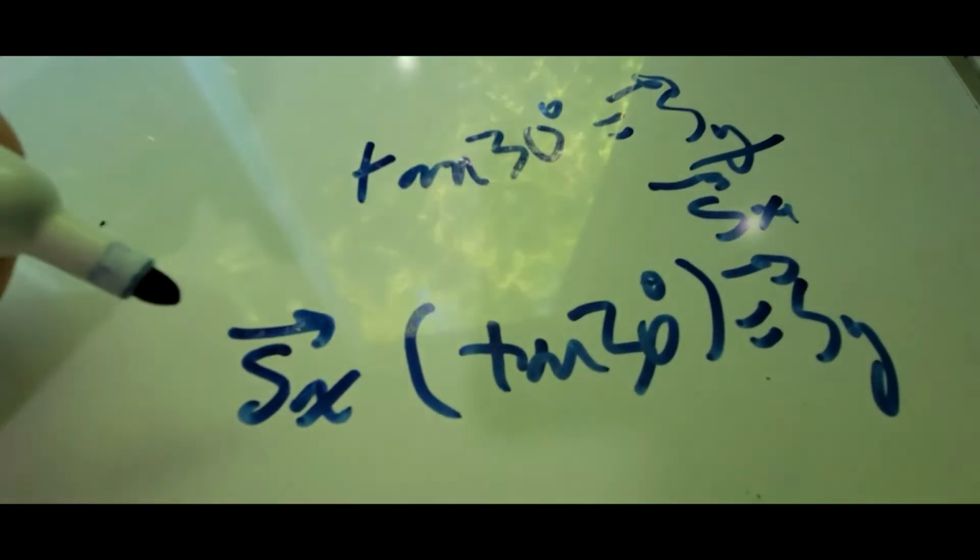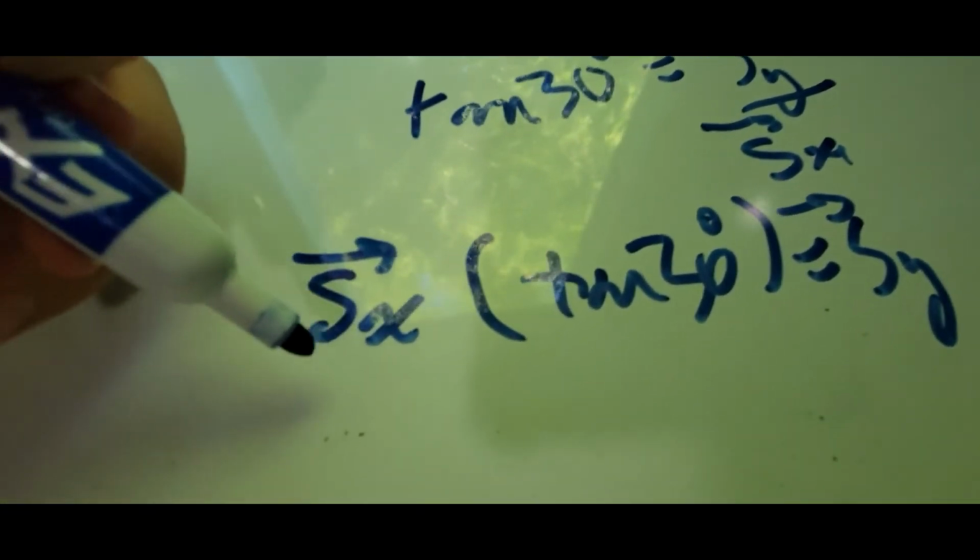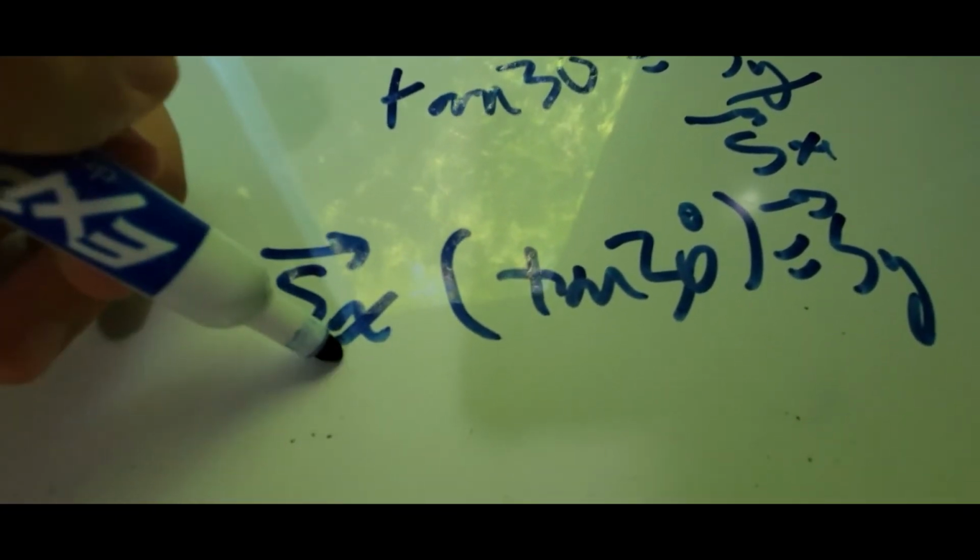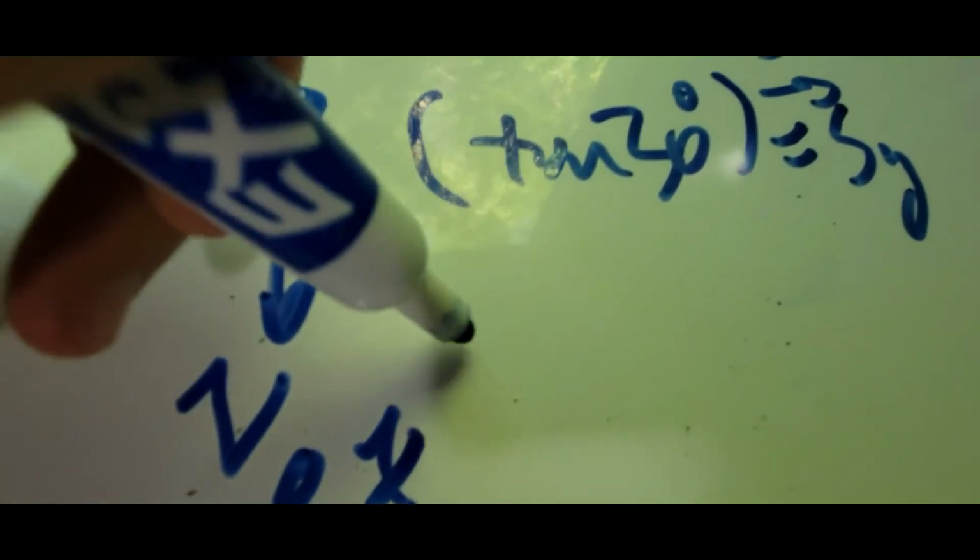Now we could simplify or expand this even more by saying sx is equal to v initial x times time, times tangent of 30 degrees, is equal to this right here.